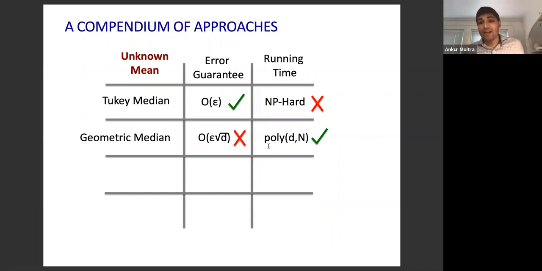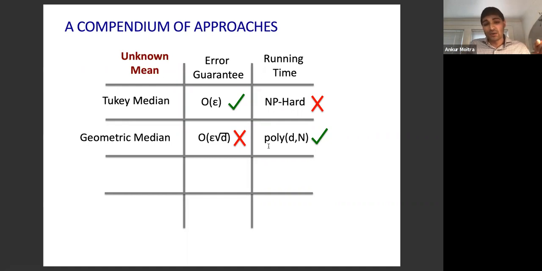Now, intuitively, why is this the case? It's because a Gaussian looks like a ball of radius root D. And in fact, the direction the adversary might have added the corruptions might not be aligned with any particular coordinate axes. So when you solve those D one-dimensional median problems, you might completely miss the directions in which the adversary has added the corruptions because of concentration of measure.